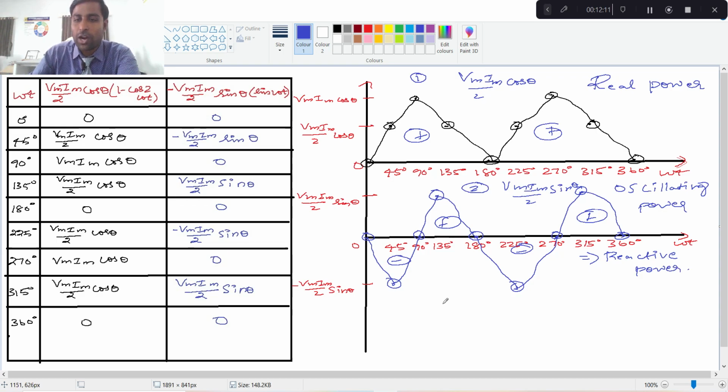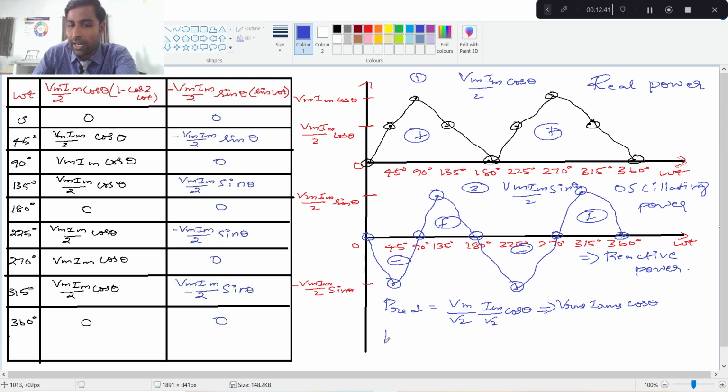Right? So now you see I can easily write P real, which is nothing but Vm by root 2, Im by root 2, cos theta. If you multiply these two, you will get 2. Vm by root 2 will give you what? The RMS value. This is nothing but Vrms Irms cos theta.